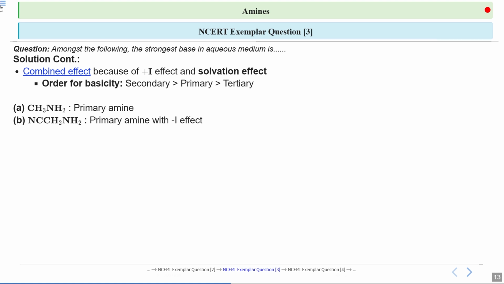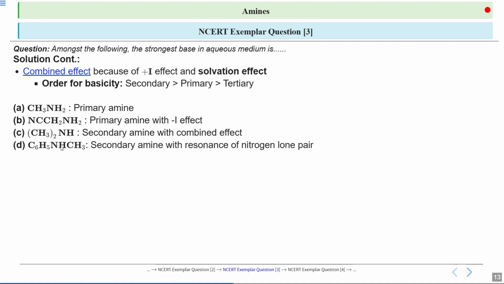So this has a -I effect, which decreases the electron density and stabilizes the positive charge in the amine. Okay, so this has a -I effect. Next, if I talk about this particular compound, then this is a secondary amine which has a combined effect of both plus I and solvation effect.